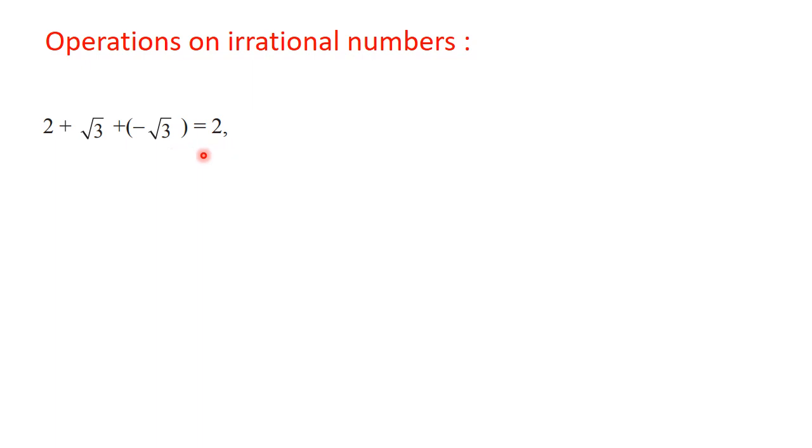So you have to keep in mind that addition of one rational and one irrational is irrational. But addition of two irrational numbers may be rational or may be irrational. It is not compulsory that it is an irrational number. We have proved this. Let us see more examples about multiplication, division and subtraction.